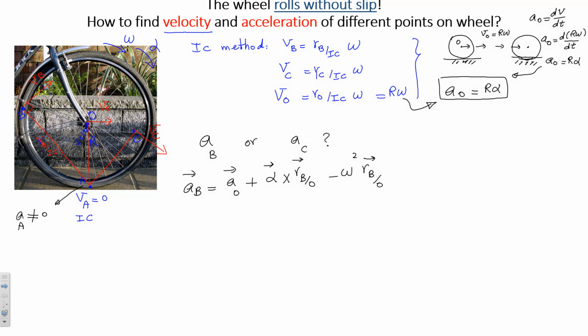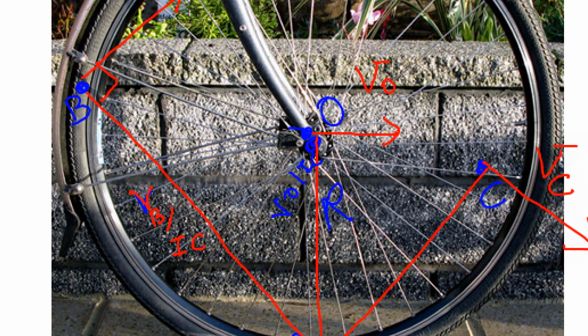Let me show the RB/O on this wheel. This is RB/O. When you want to plug RB/O in this equation, you always need to resolve this vector along the x and y direction.